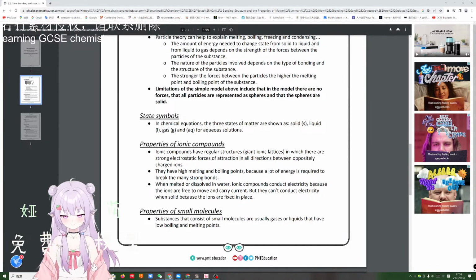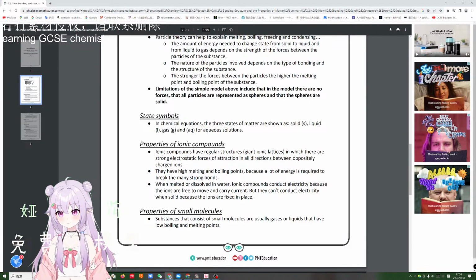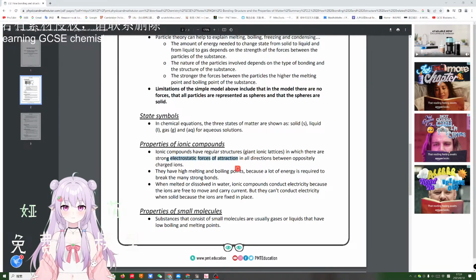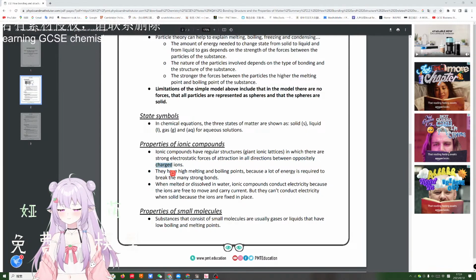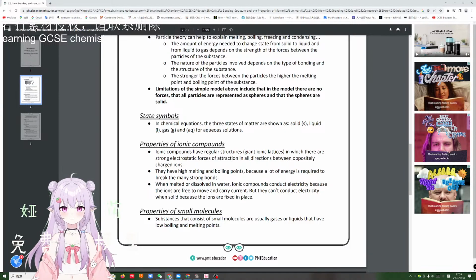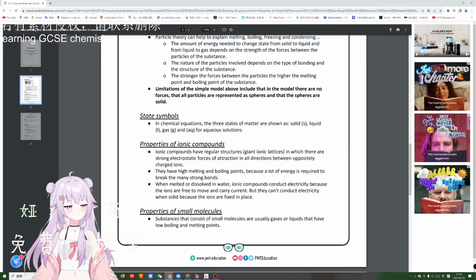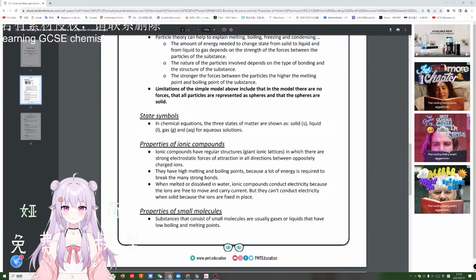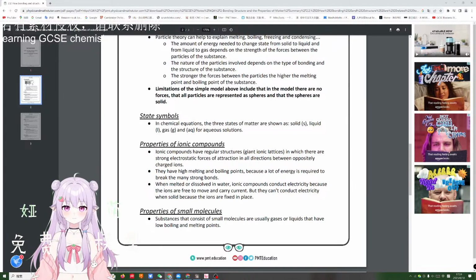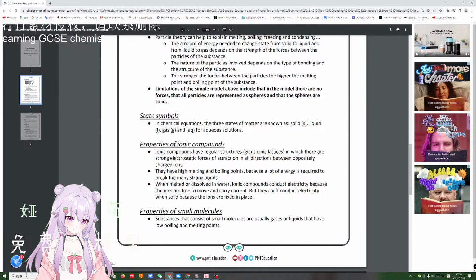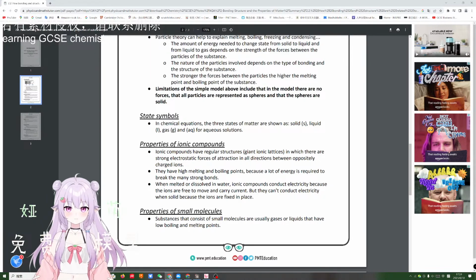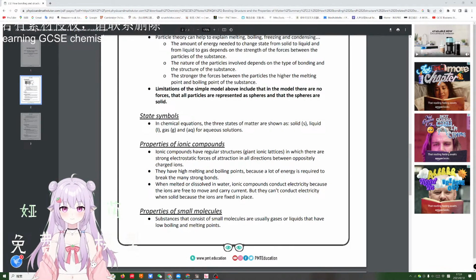The regular structure is due to the strong electrostatic force of attraction in all directions between oppositely charged ions. I think it is because of the direction of the bonding, causing them to have a specific regular structure. Those are called giant ionic lattices.